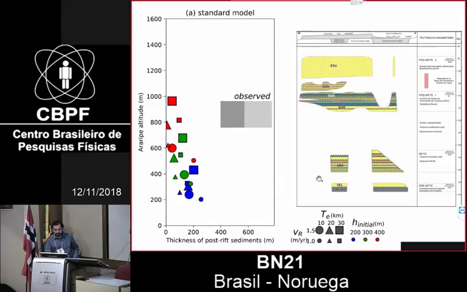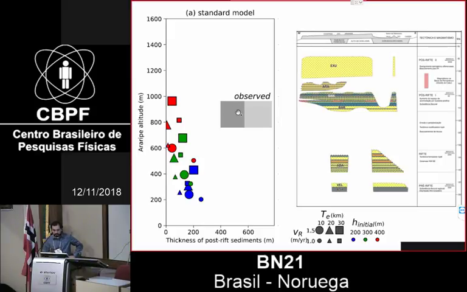However, we have a geological constraint: in the Araripe you have nearly 600 meters of post-rift sediments preserved. In these models, where each symbol represents a model with different effective elastic thickness, initial topography, and precipitation, in all of them I couldn't simulate the observed thickness of post-rift sedimentation in the Araripe Basin.